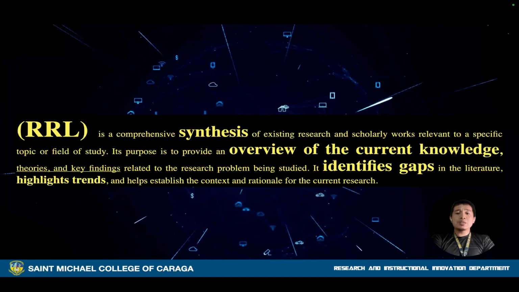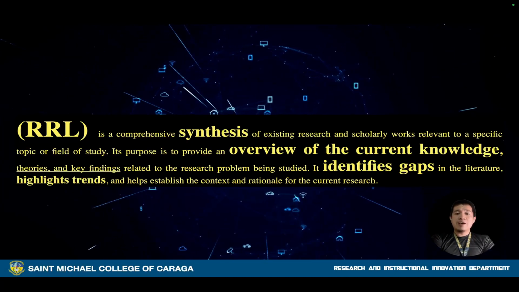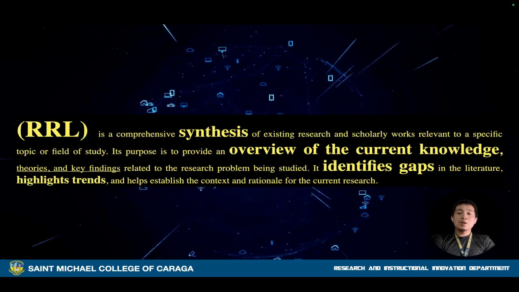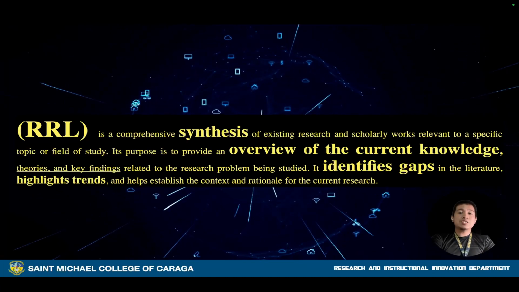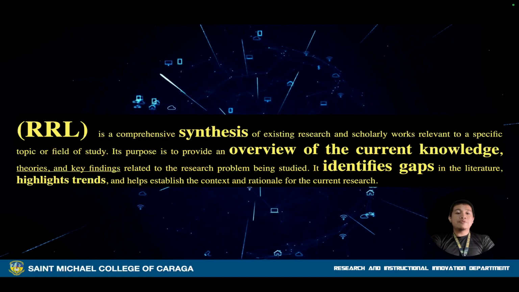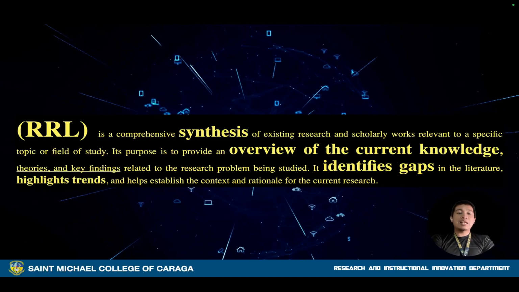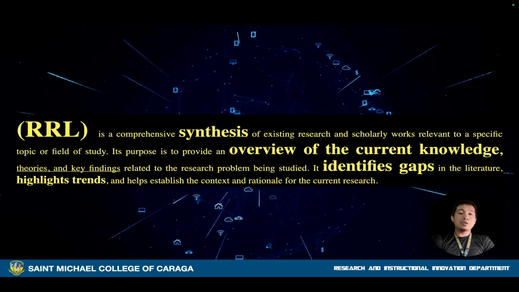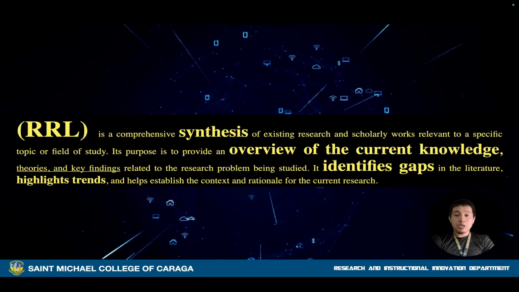When you look at the statements that we have here, the bold letters like synthesis, overview of the current knowledge, identification of gaps, and highlighting trends are the necessary things that you need to look at in your review of related literature.